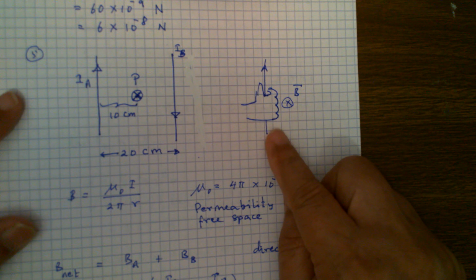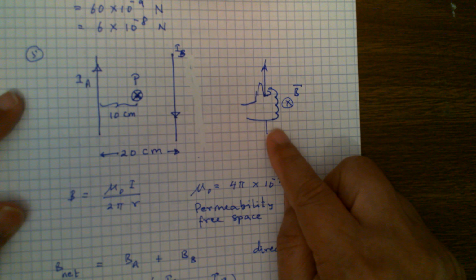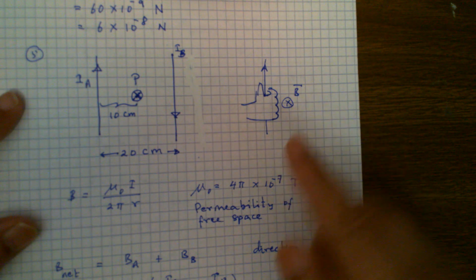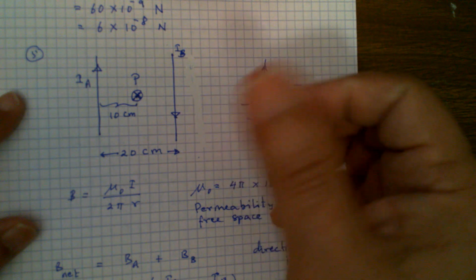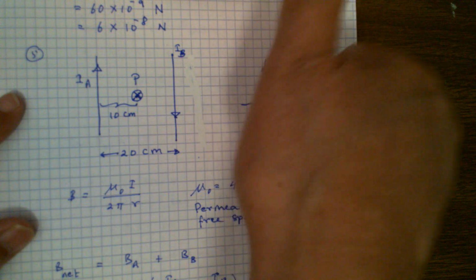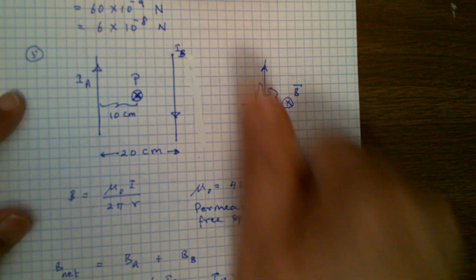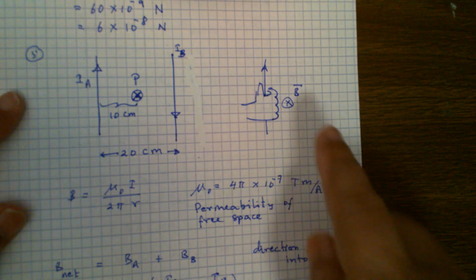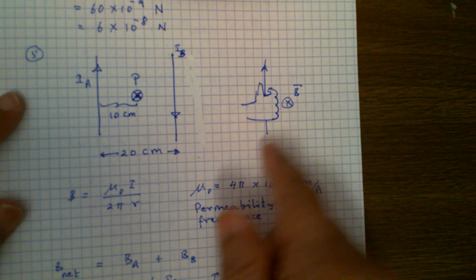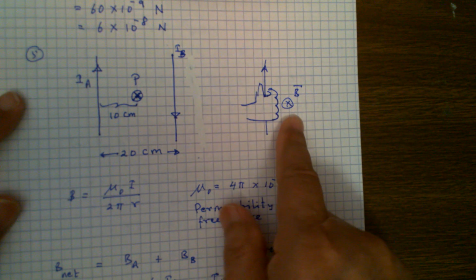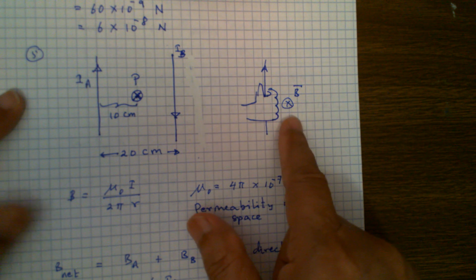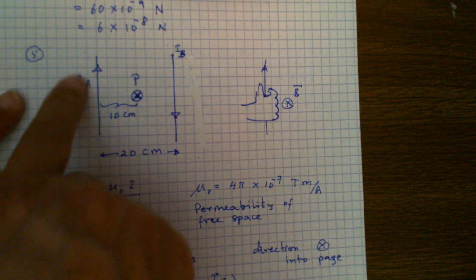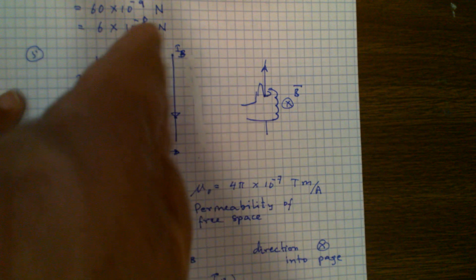Now, this is finding the direction of the magnetic field for a current carrying wire. If the current is going up, you hold the wire with your thumb in the direction of the current. Then the direction of your fingers curling around gives you the direction of the magnetic field. For wire A, it's going in.